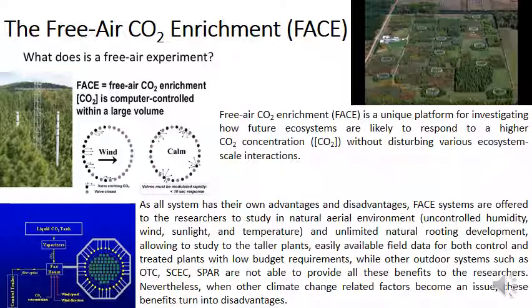Easily available field data for both control and treated plants with low budget requirements, while other outdoor systems are not able to provide all these benefits to the researchers. Nevertheless, when other climate change related factors become an issue, these benefits turn into disadvantages.